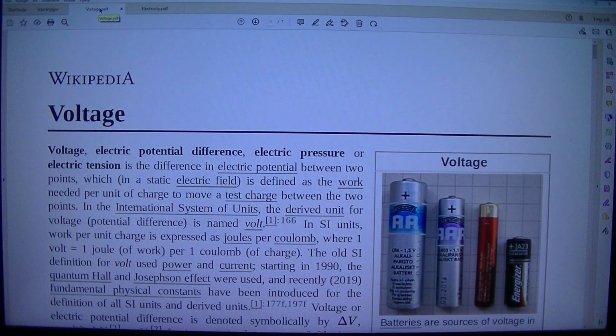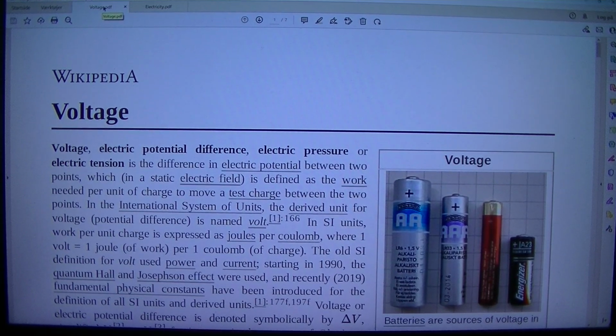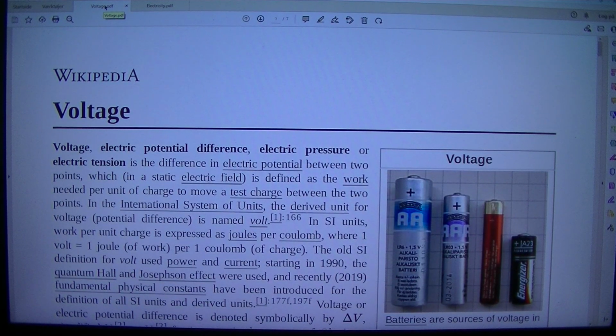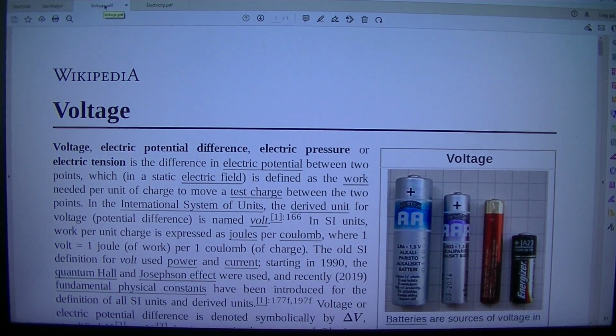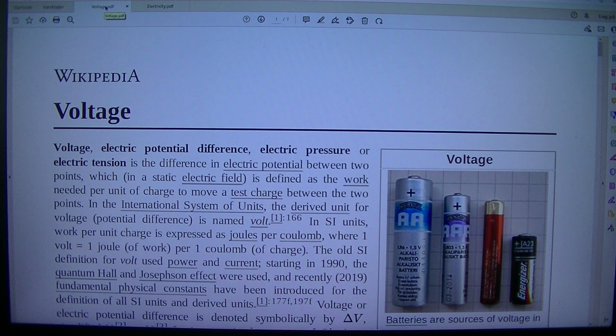If I could remember all this, I would be very clever, but my brain is not like that. Even if I read it 10 times, probably I still cannot remember.